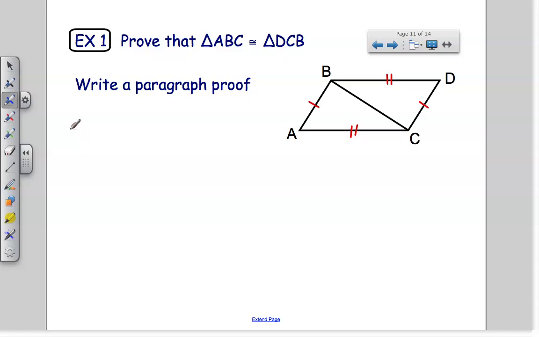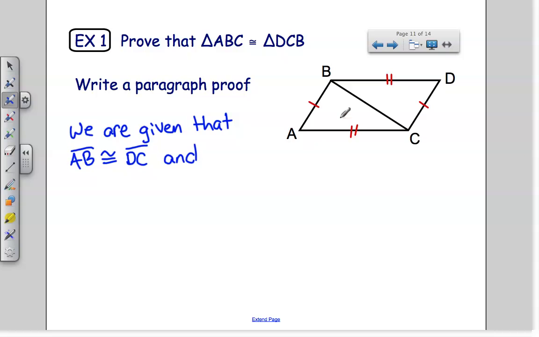Okay, so I start out and I'll say we are given that side AB is congruent to side DC. And I was also given one other. I was given that side AC is congruent to DB.